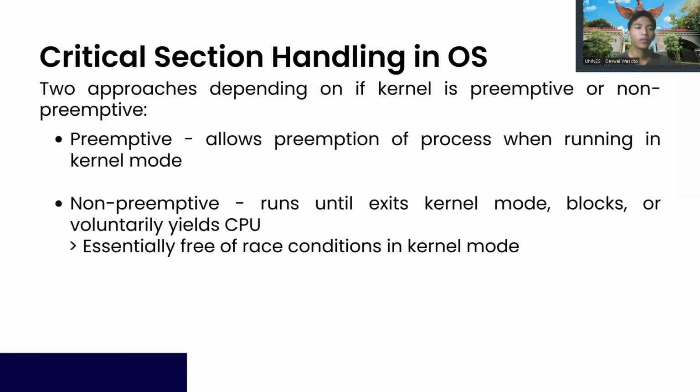Okay, the critical section handling in operating system depends on if kernel is preemptive or non-preemptive. Preemptive allows preemption of process when running in kernel mode, and non-preemptive runs until exit kernel mode, blocks, or voluntarily yields CPU.